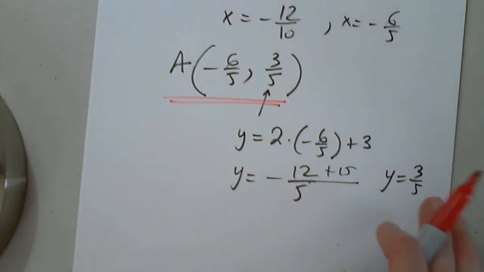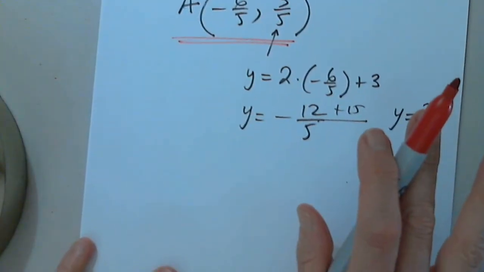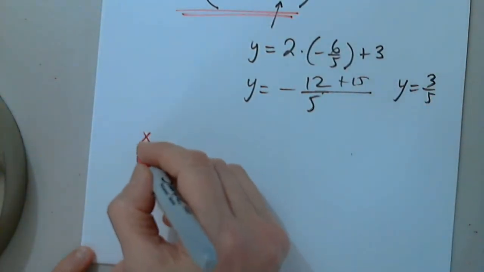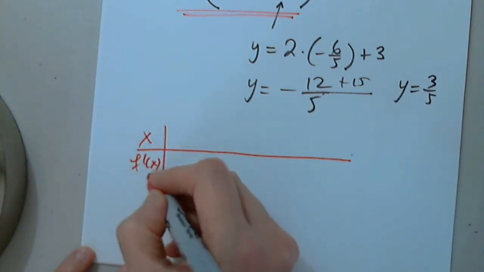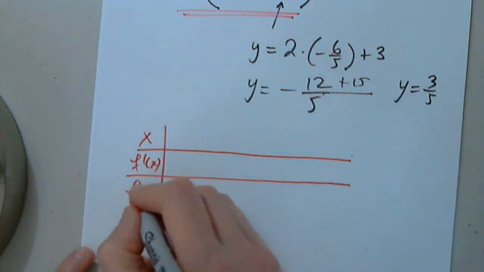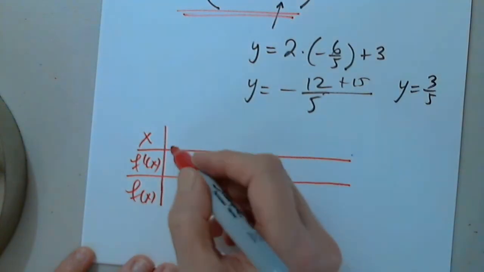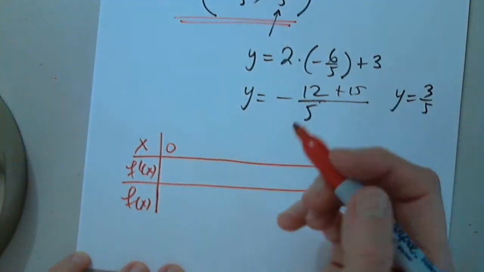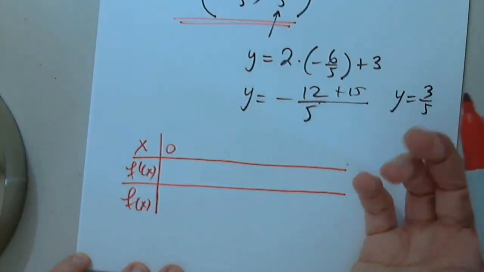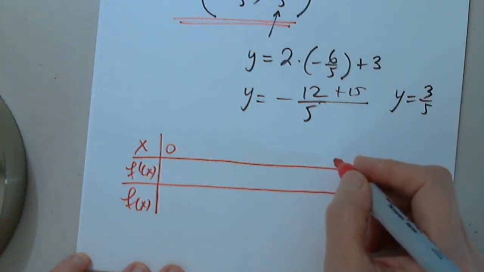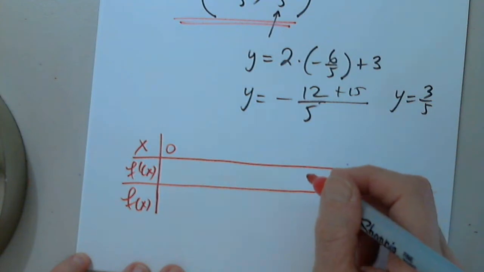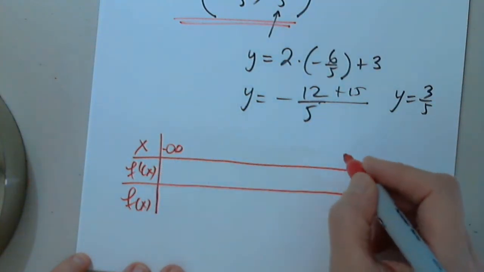Now, do I know that this is a minimum? No, I don't yet. It takes another test to show that. Please always show, do not assume. So the domain is negative infinity to infinity.